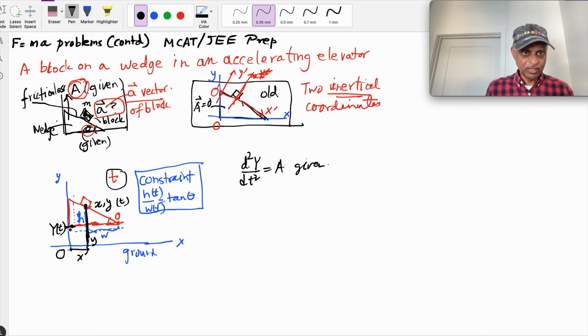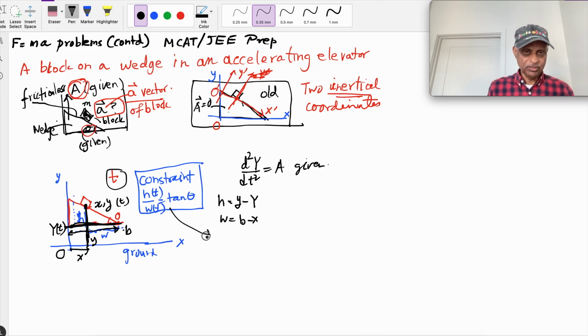For w, I'll assume that from here to here, the bottom of the wedge, I'm going to call it b. So at any instant, h is going to be y minus capital Y, and w is going to be b minus x.